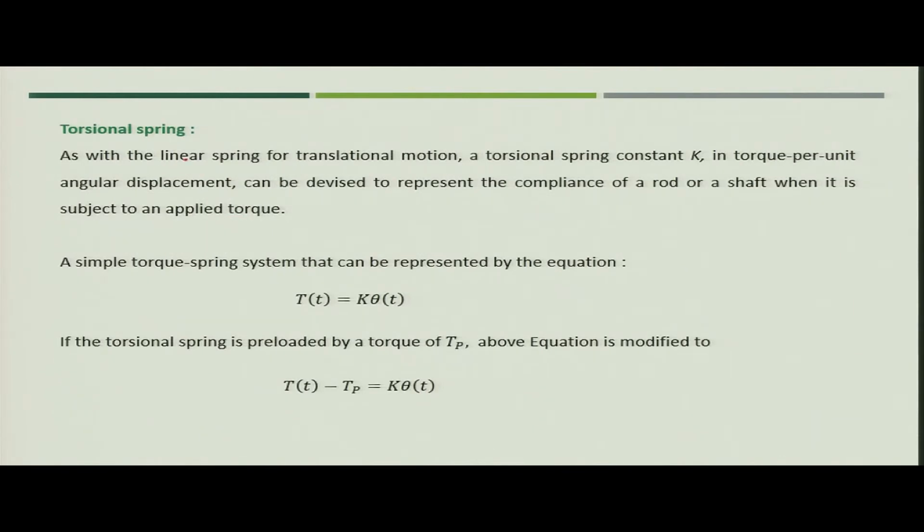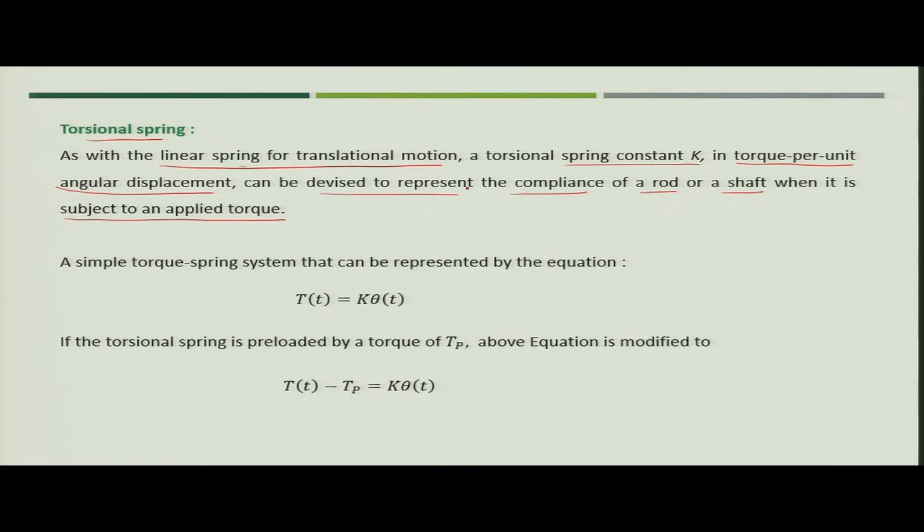Now, similar to the linear spring which we saw in the case of translational motion, we can also define a torsional spring. Let us say we have a torsional spring constant k, given in torque per unit angular displacement. We can use it to represent the compliance of a rod or a shaft when it is subject to applied torque.